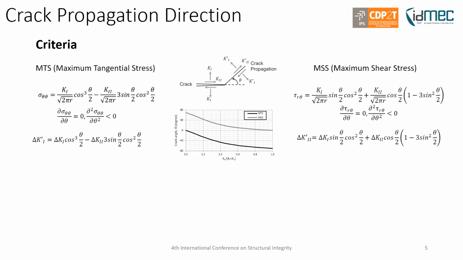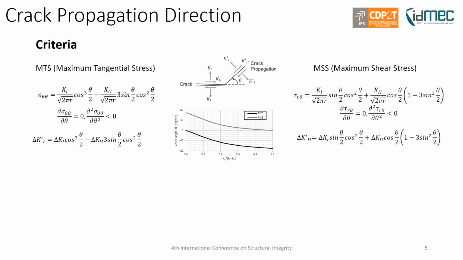When mixed mode or pure mode 2 conditions are established, then we need a criteria to determine crack propagation direction. We can use criteria based on the stress intensity factor, and these criteria take into account the stress field and the direction where mode 1 or mode 2 is maximized.